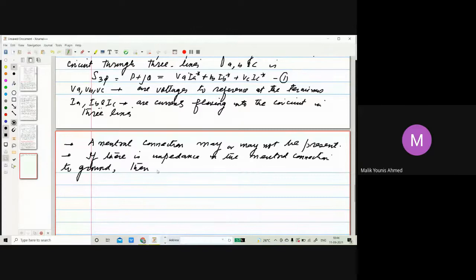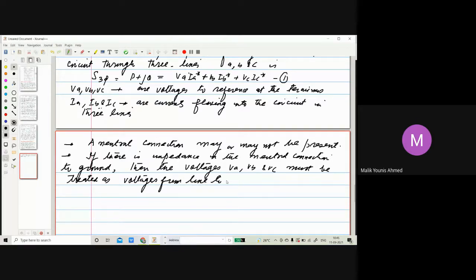Then the voltages VA, VB and VC must be treated as voltages from line to ground.